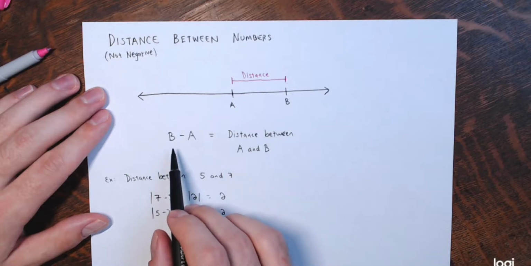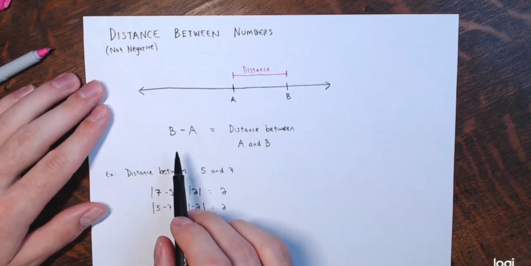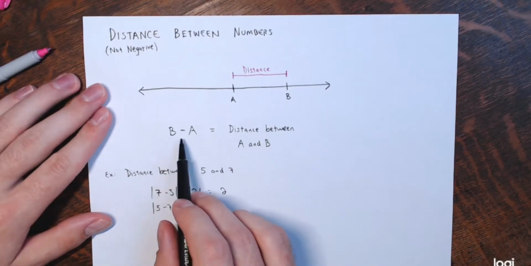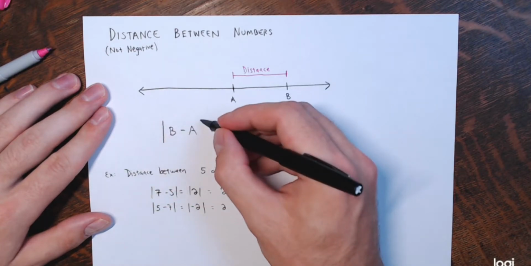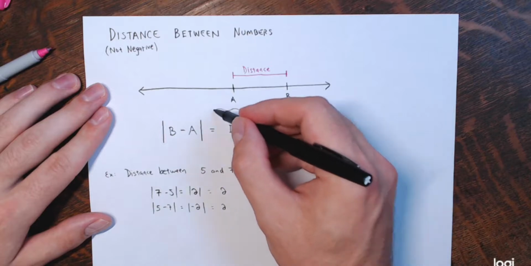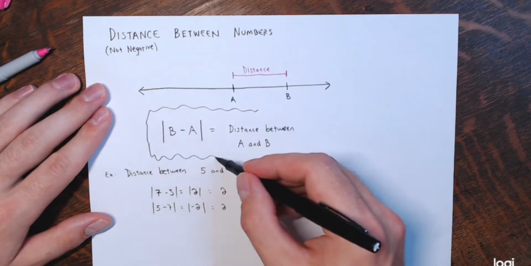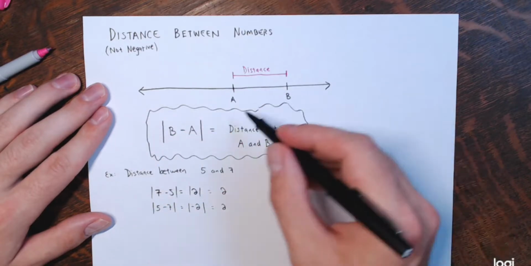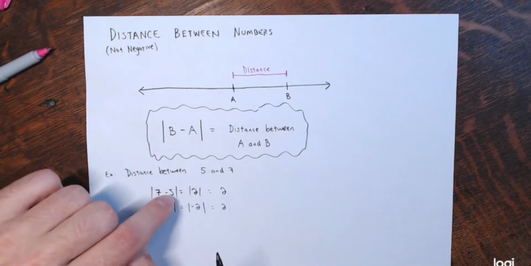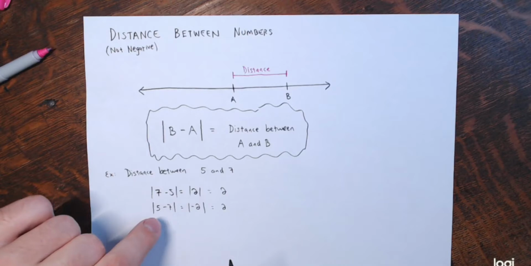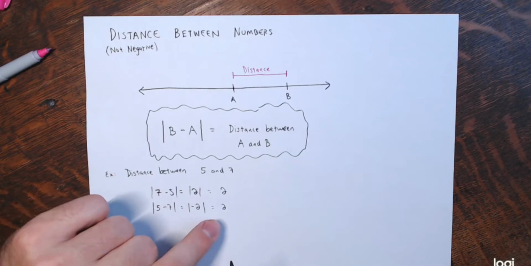So a more proper expression for the distance between A and B is the absolute value of B minus A, or the absolute value of A minus B, because it doesn't really matter. Absolute value of 7 minus 5 is 2. The absolute value of 5 minus 7 is 2.